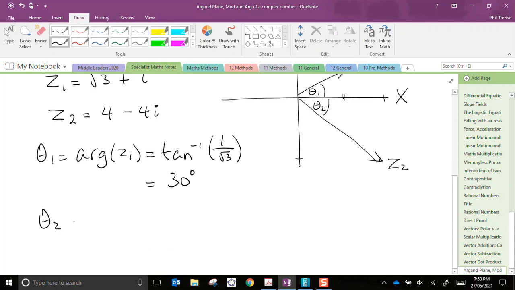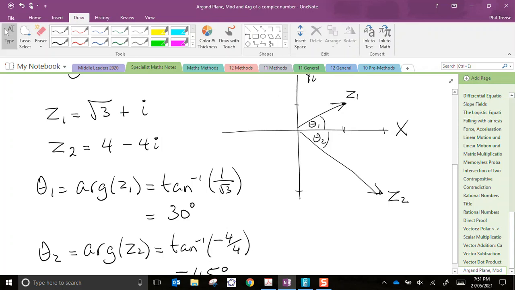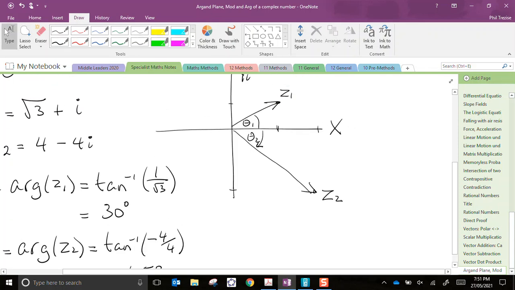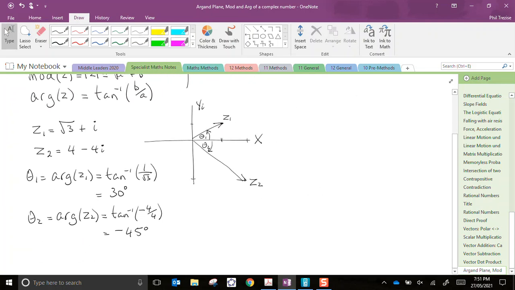Theta 2, on the other hand, is the argument of complex number z2, which is the inverse tan of negative 4 over 4. And I hope you realise that comes to negative 45 degrees. Negative, of course, indicating that this turns downwards from the real axis and this one turns upwards from the real axis.